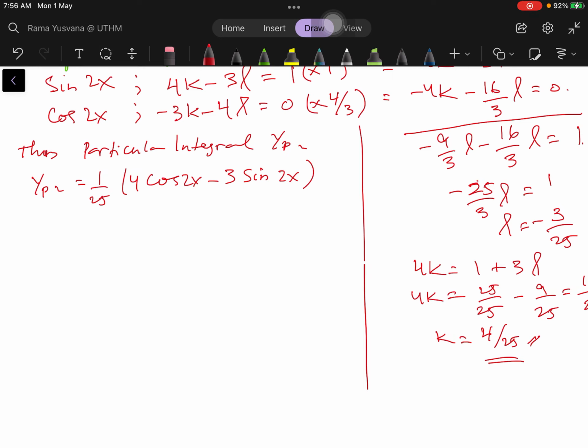So that is our yp2, and I think we have all the data now.